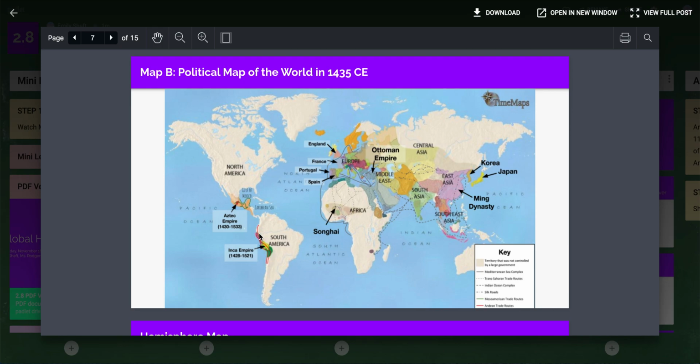What I find interesting is that there's nothing that connects these two. So this map is telling me that the Aztec and the Inca Empire were not trading with each other and were not interconnected. And just like the Maya, neither of these empires in 1435 were connected with Africa, Asia, or Europe.